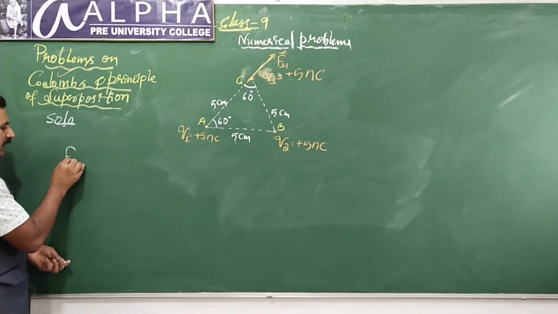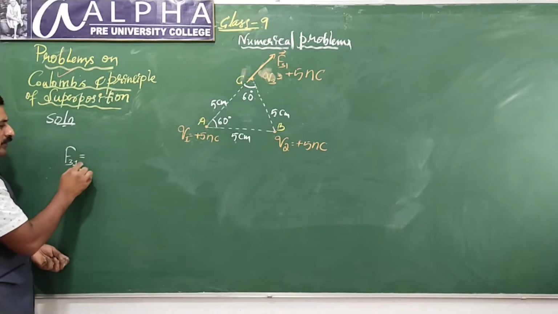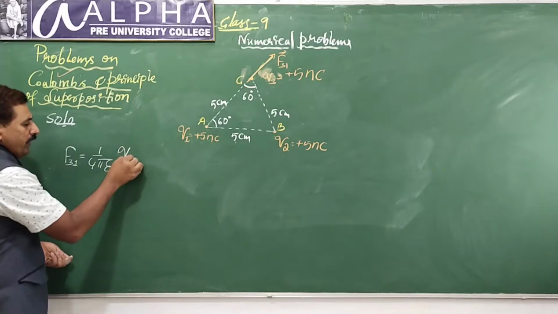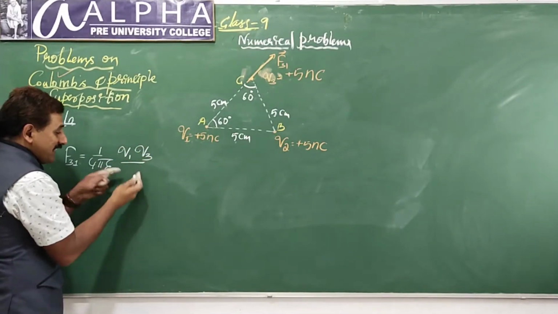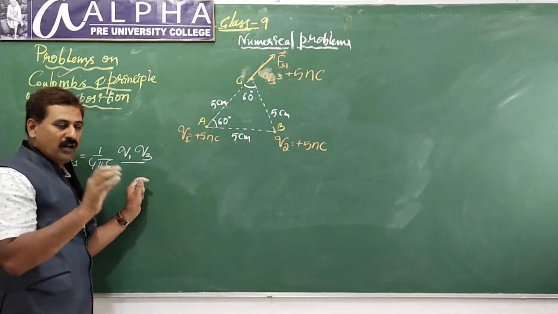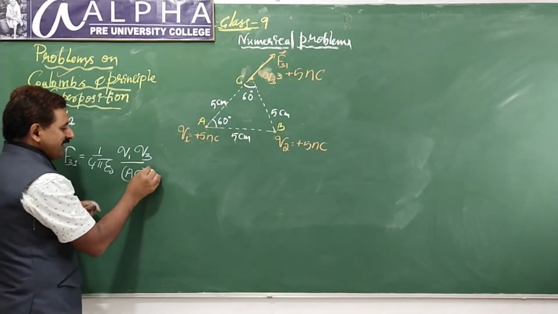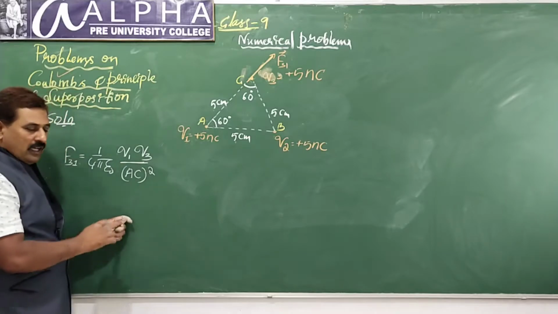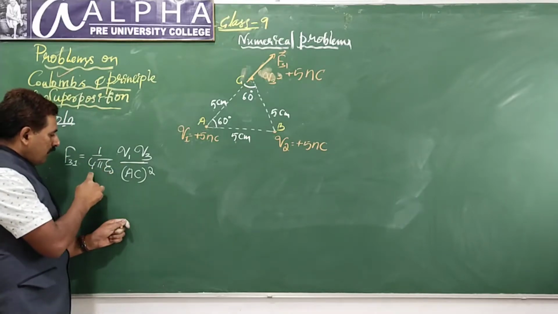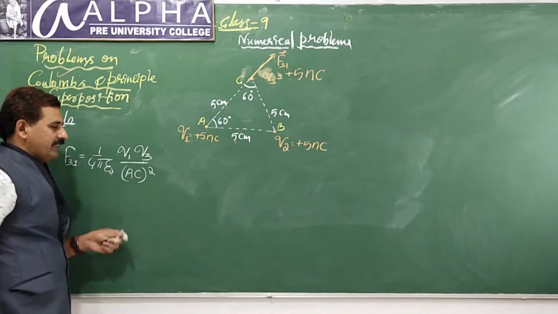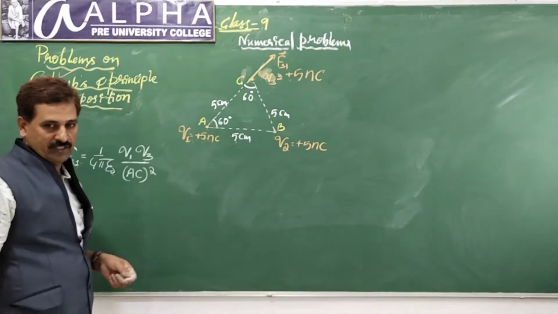Value of force on 3 by 1 is found by using Coulomb's law, which is 1 over 4 pi epsilon naught Q1 Q3 divided by distance squared. Distance generally R, but here AC. Instead of writing R, you can write AC squared. I'll write the values of the term 1 by 4 pi epsilon 0, Q1, Q3 and AC. Then we can know the value F31.